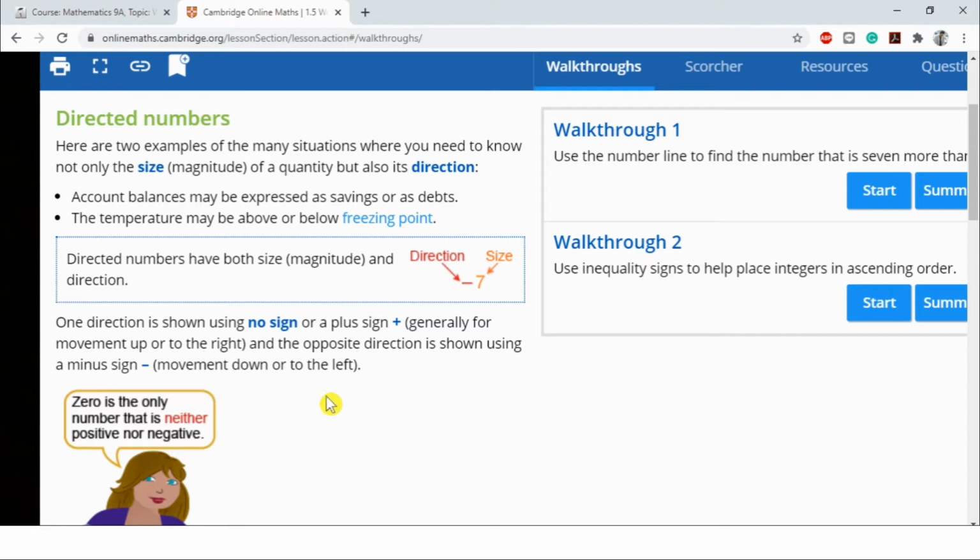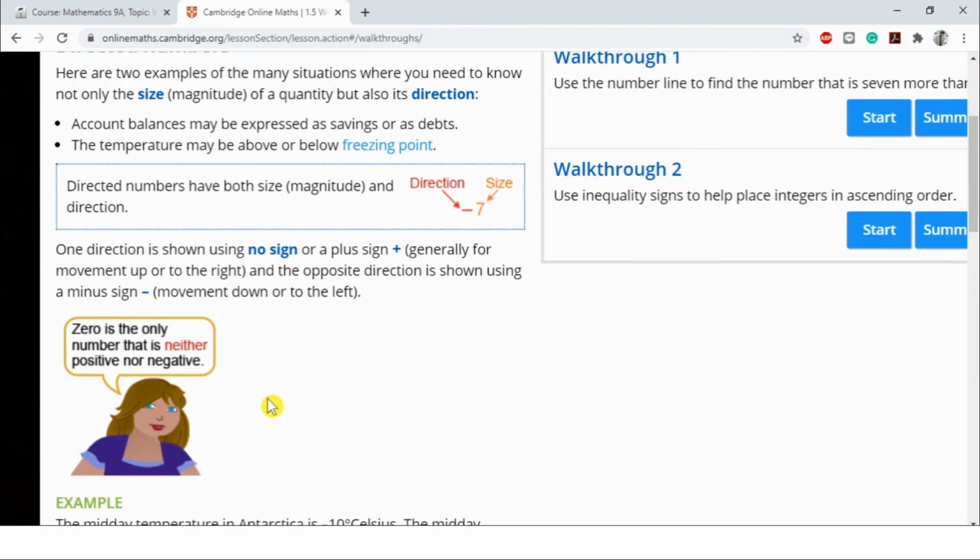First you have to understand that directed numbers have a sign. As I mentioned before, it can be positive or negative, right? Basically, the positive sign means the movement or direction is to the right or up, and the opposite direction is down or to the left.